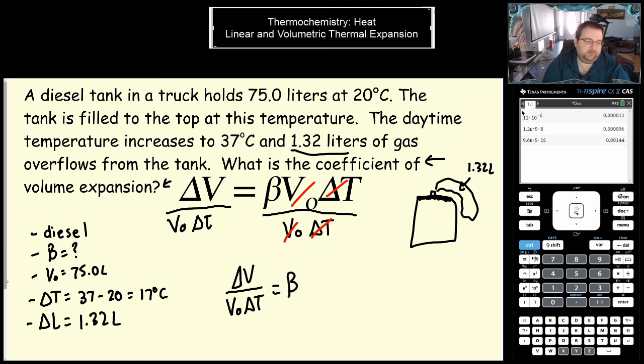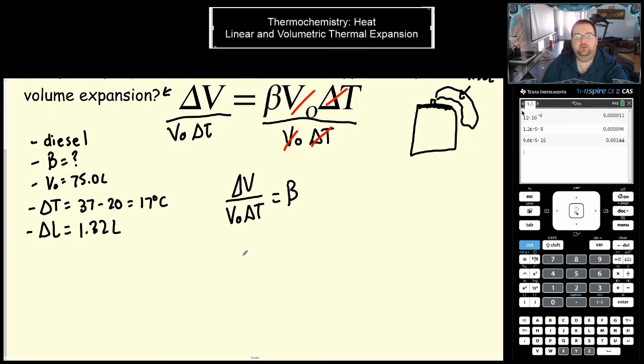And we can just start plugging in our numbers at this point. So our delta V, which over here I labeled as our change in liters, I should probably leave it as our change in volume. Okay, there we go. So delta V is 1.32 liters.